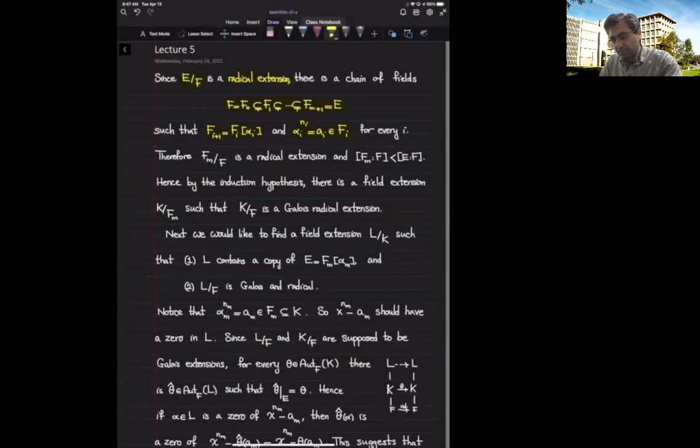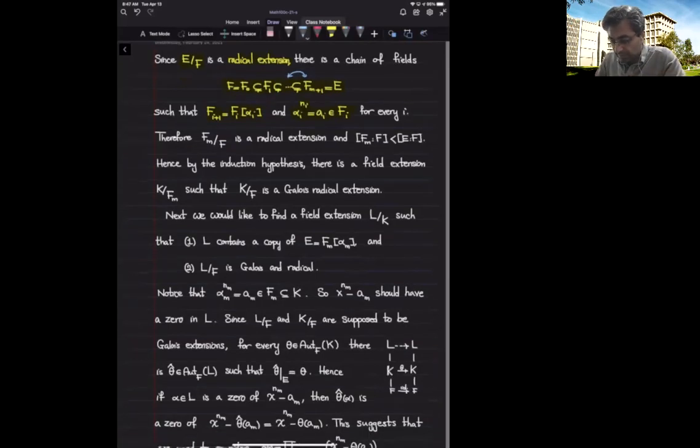In particular, when I look at the step right before the final step, I definitely get a field that is still radical, because every intermediate subfield in this chain is going to be a radical extension over the base field, because it satisfies the same property.